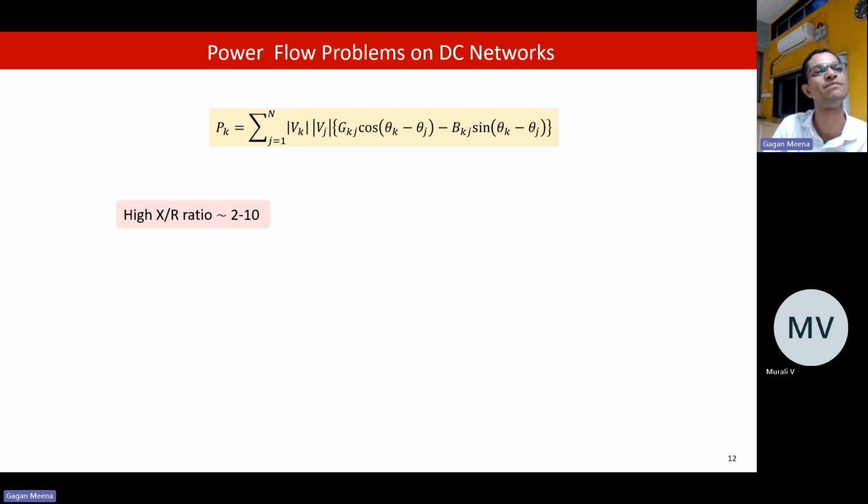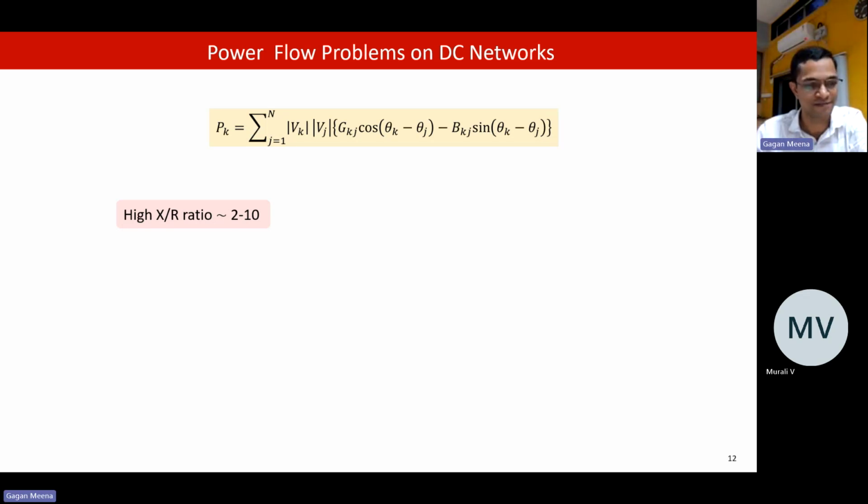Forward backward sweep is a very simple method, and it converges very fast, within 2, 3, 4 iterations for a small system. Even time per iteration is very small in comparison to Newton, because in Newton we have to do inverse also, these sine cosine terms, these complicated computations. But for the distribution system, it's not that complex.